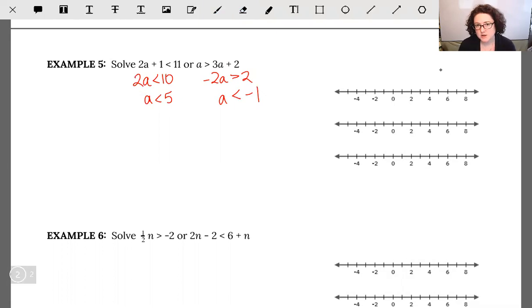So again, I can look at my overlaps. I put 3 graphs on here so you could check to see how it looks. So let's try this out. So a is less than 5. Again, no inclusive, so open circle. But then we also have a is less than -1.